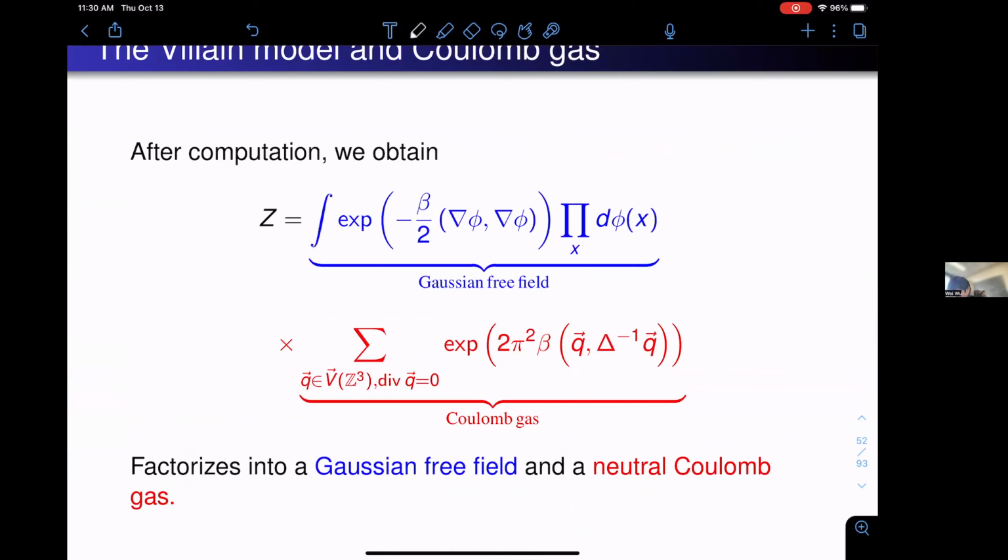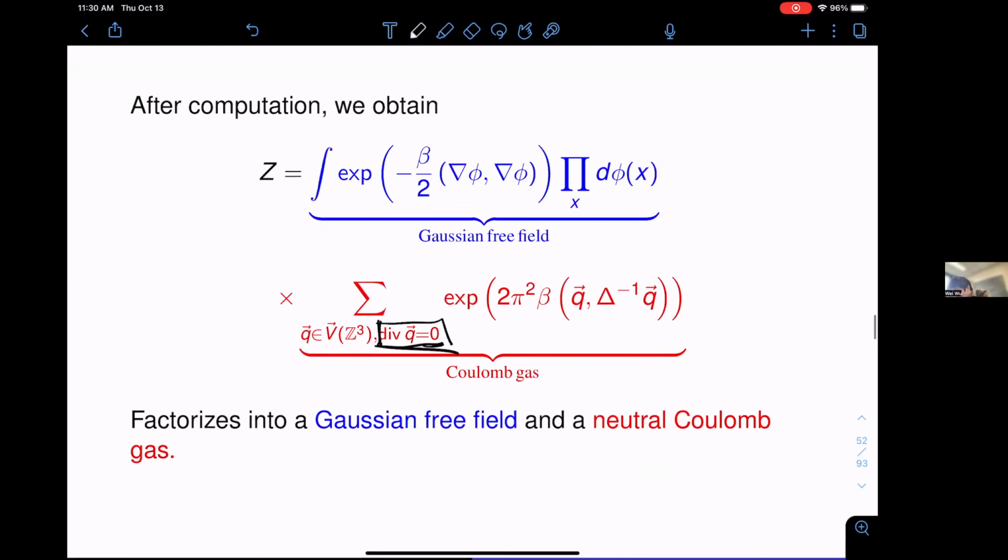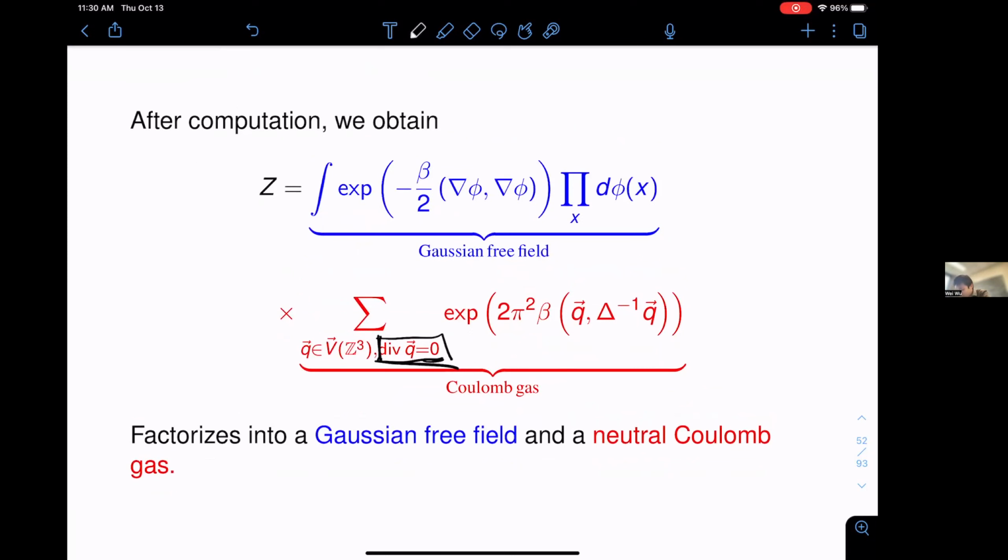And one comment here is that the Coulomb gas has this divergence Q equal to 0 property. So it differs when you're in 2 dimensions or higher dimension. In 2D, this is just a global neutrality condition that your Coulomb gas is globally neutral, and in higher dimension, this would actually give you a lot of local cancellations, which makes the problem somehow easier than 2 dimensions.